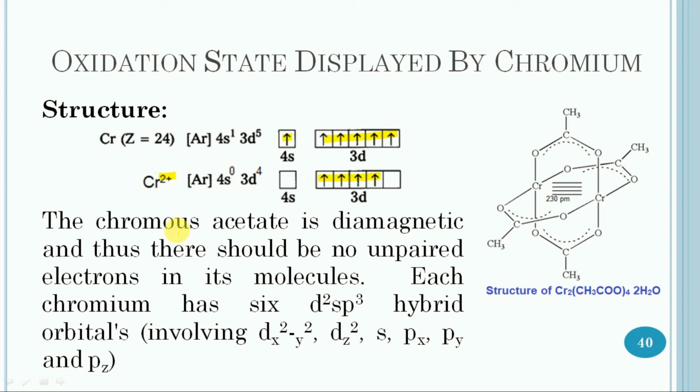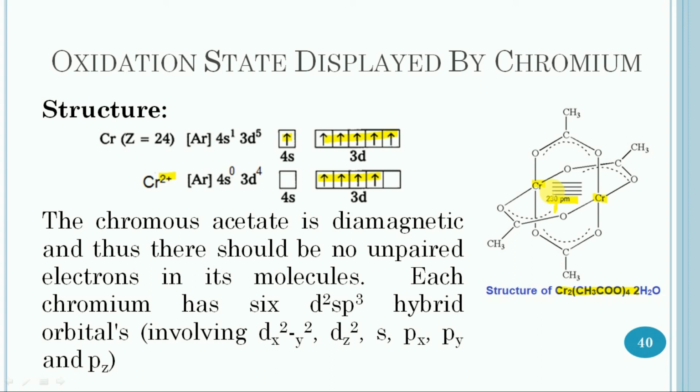This is understandable as it possesses a dimeric structure, giving this formula. It is a binuclear complex in which 2 chromium atoms are bonded with a short chromium-chromium distance, that is 230 picometer.